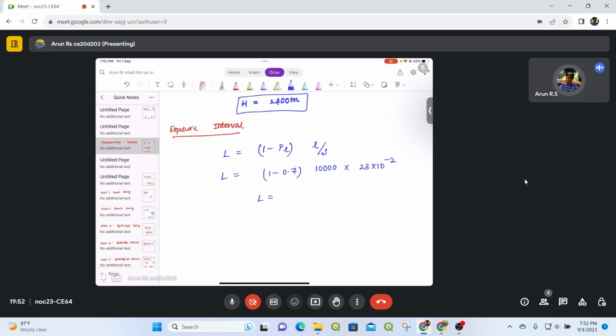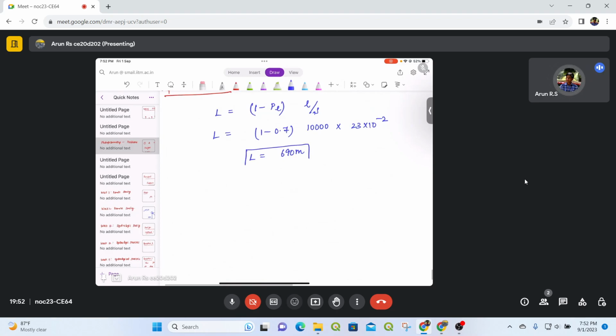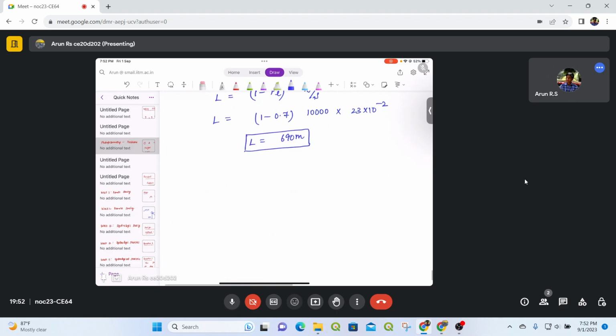So the effective length that is actually captured by one single photograph is 690 meters. After 690 meters, there will be another photograph. So this is your length of the air base.